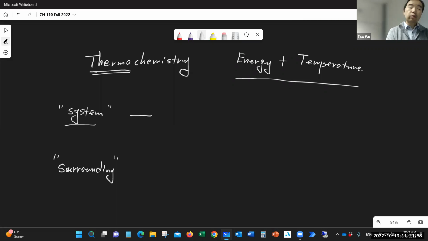The definition of the system is the part of the universe we're watching.